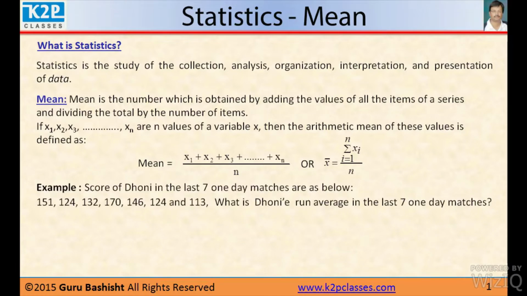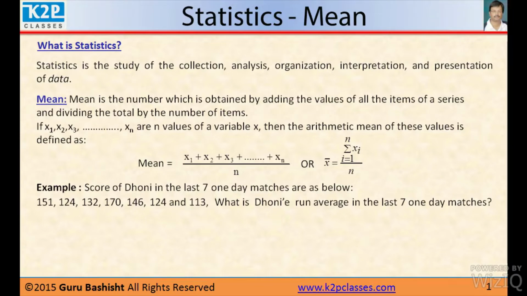More specifically, for example: the scores of Dhoni in the last 7 one-day matches are as below: 151, 124, 132, 170, 146, 124 and 113. It is a dream score because no batsman can make 7 consecutive centuries, but for the sake of example we have taken this.